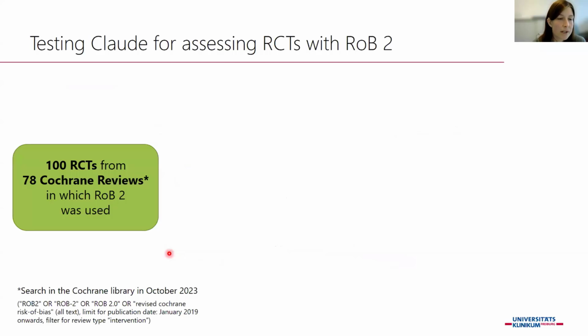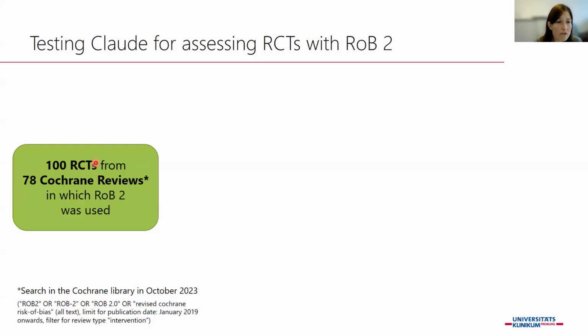So what did we do? We searched the Cochrane Library for Cochrane reviews in which the revised version of the Cochrane risk of bias tool was already used, which are still not that many, because as I mentioned, ROB1 is still used quite commonly.